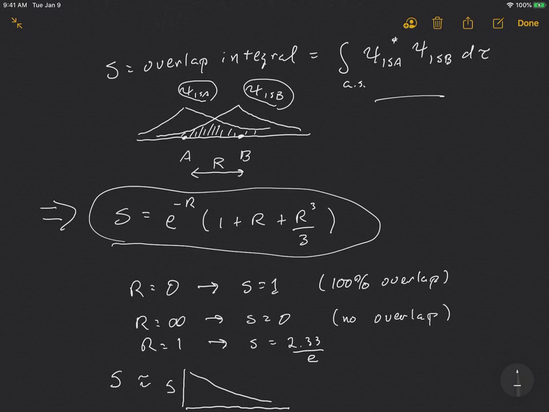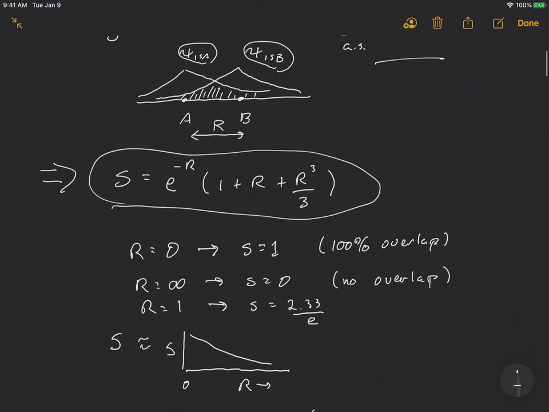So the overlap is 0 at R equals infinity. And at R equals 1, it's somewhere in between. If we plug in, e to the minus 1 is 1 over e, and 1 plus R plus R squared over 3 would be 2.33. So we get 2.33 over e, and e is 2.78 something, so we get a number that's less than 1.